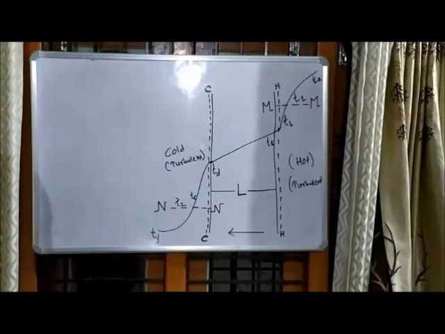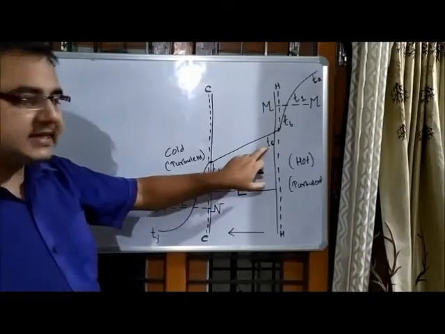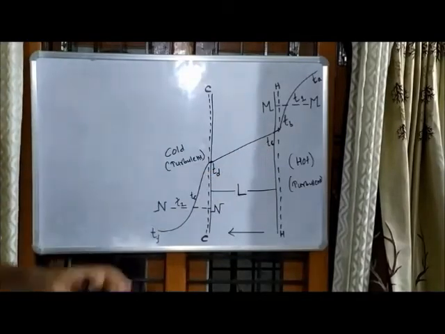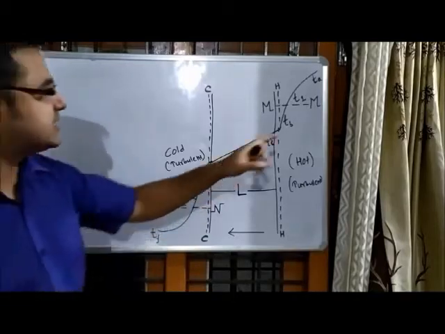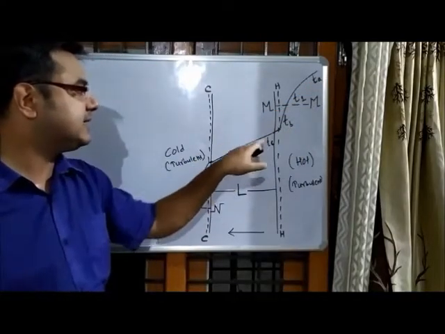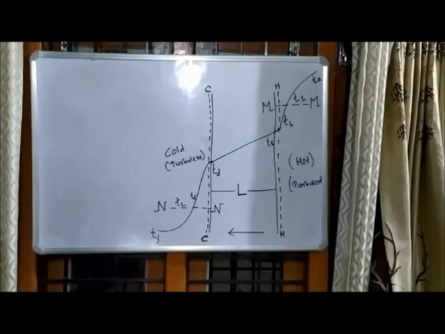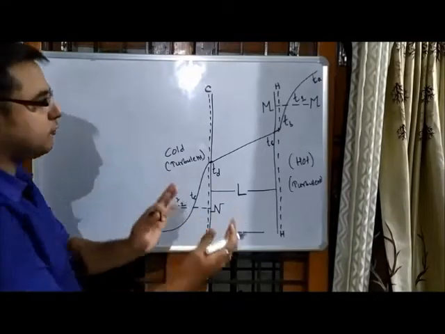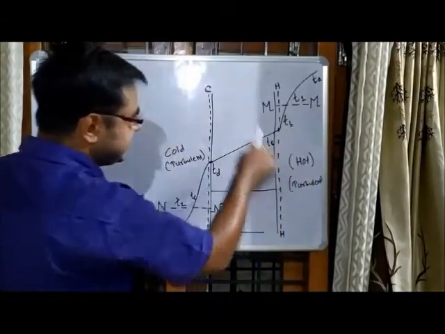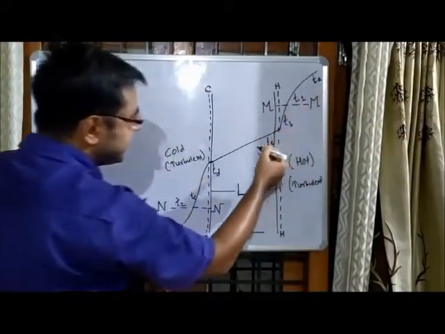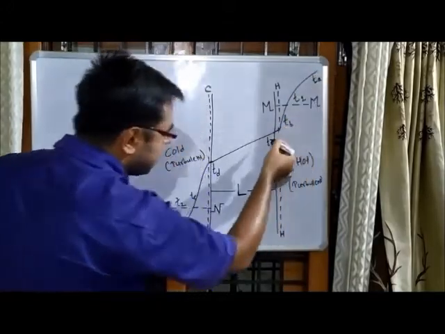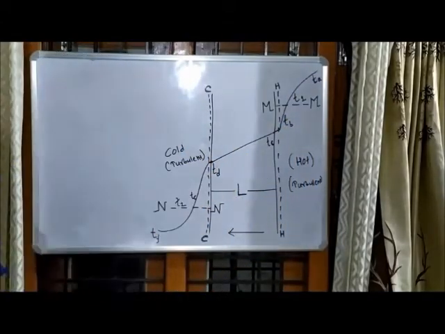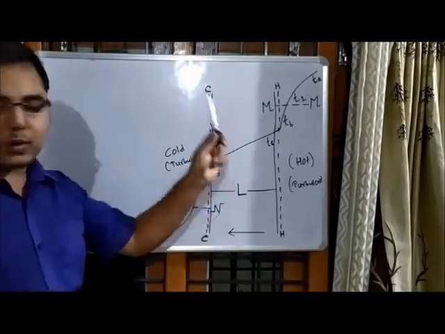Now TC is the temperature at the actual interface. Moreover, the curve TABC, just see, TA, TB, TC, represents the temperature gradient from the bulk of the hot fluid to the metal wall.